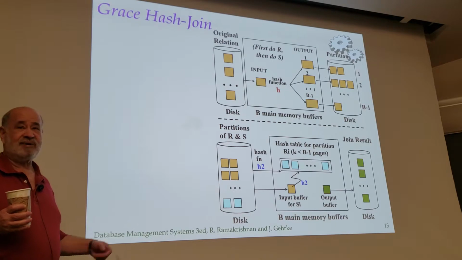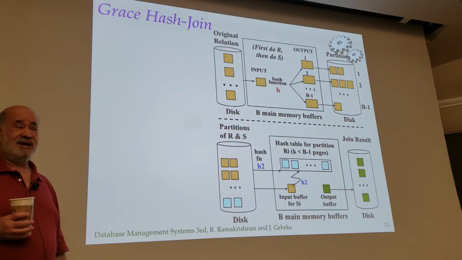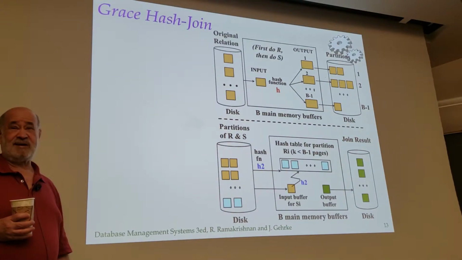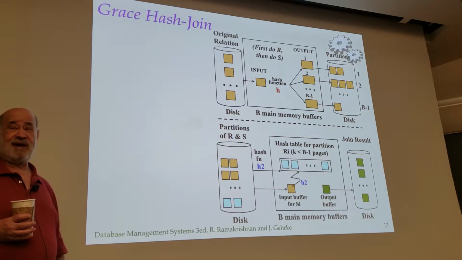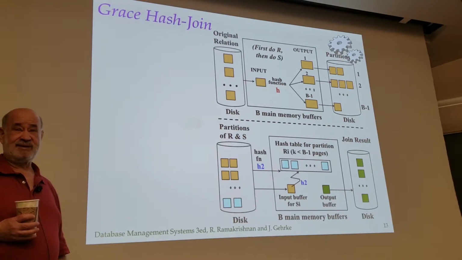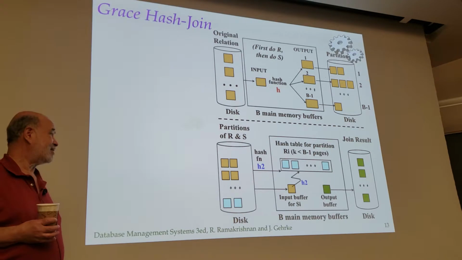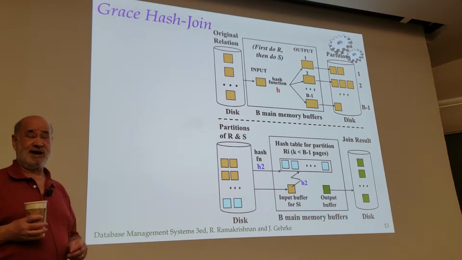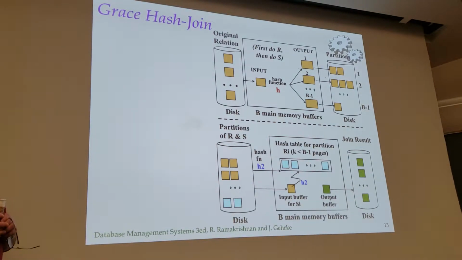And I'm not going to put up the slide on this, but remember that if need be, if these things end up being big, I can recursively apply the same algorithm yet again, and use the same trick again with a different hash function to be able to recursively combine these things together.